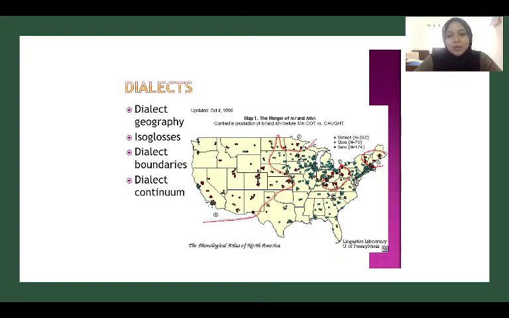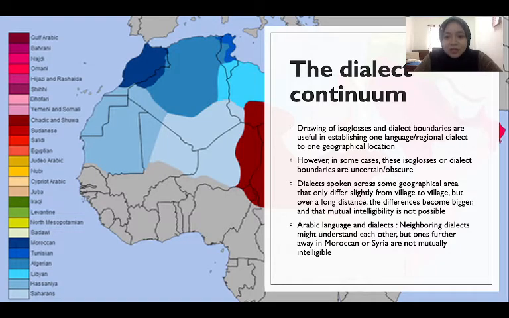Like this one, when you see the red circle here, you start to ask why a group of people or community are using these dialects when they are on the right side of the map. So this is called the dialect continuum. Sometimes these isoglosses or dialect boundaries can be uncertain or obscure.